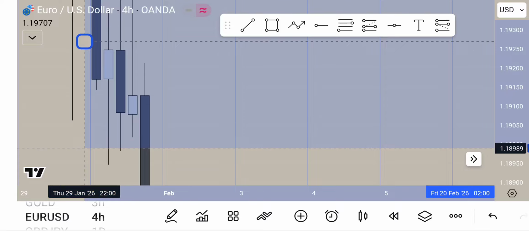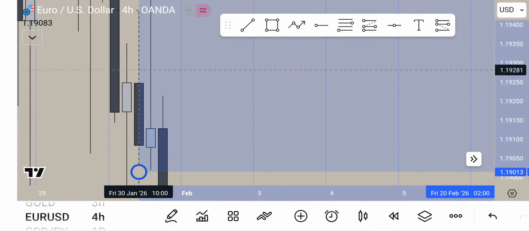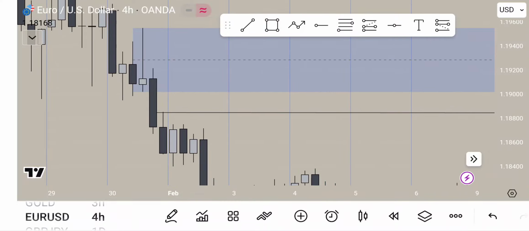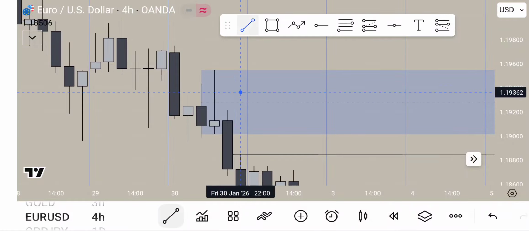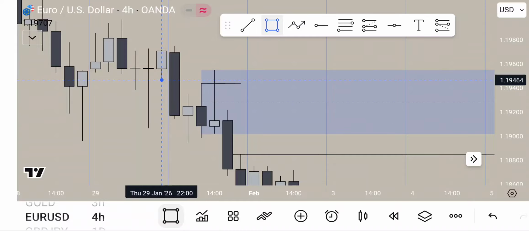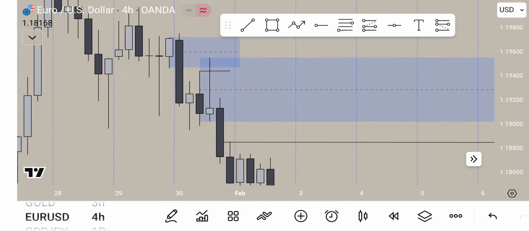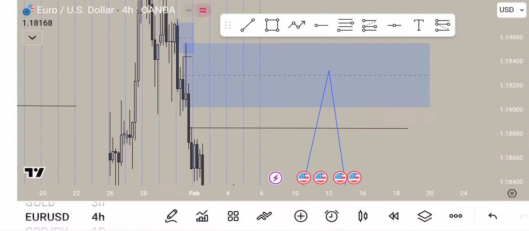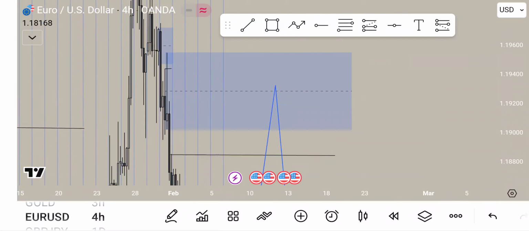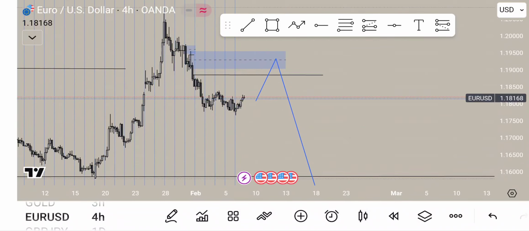This is an institutional candle here, which took out liquidity from here in the 4-hour, mitigated this bearish order block, and gave me this demand zone here. So in the 4 hours, this is the refined order block.